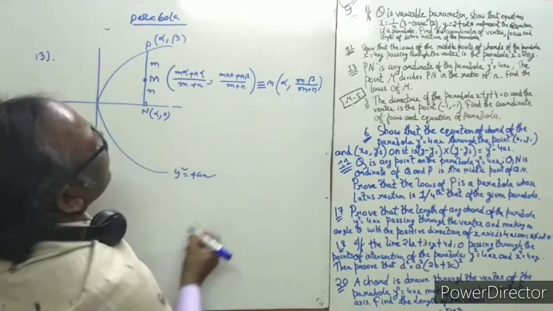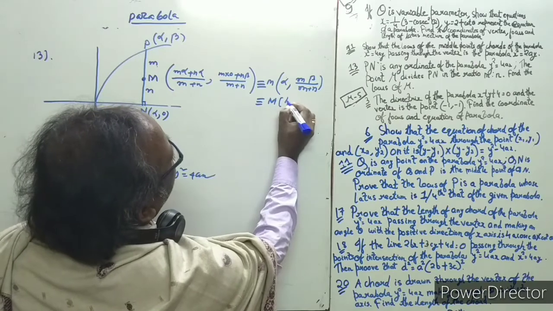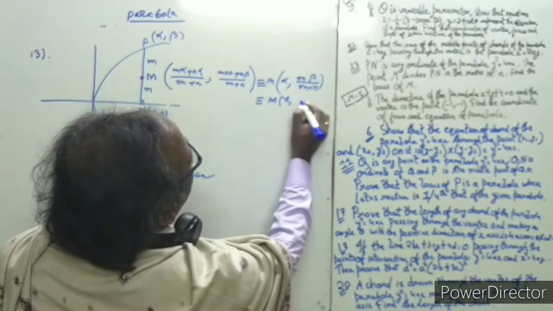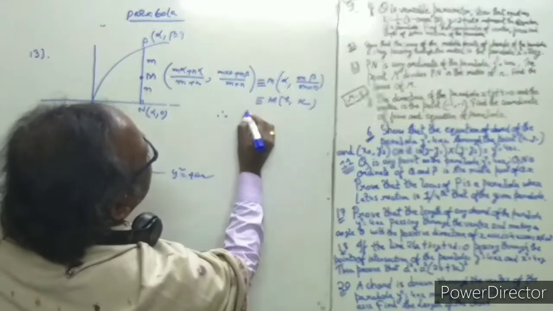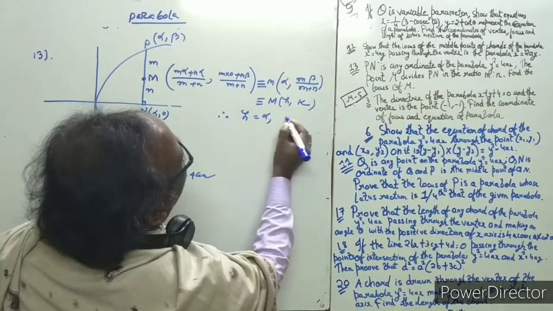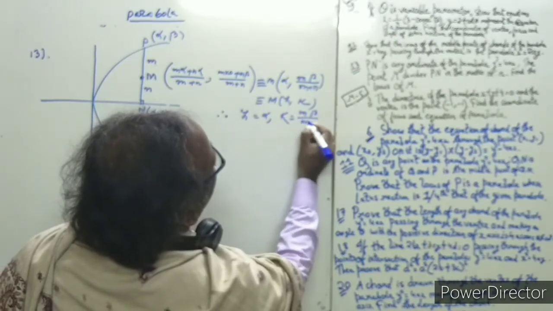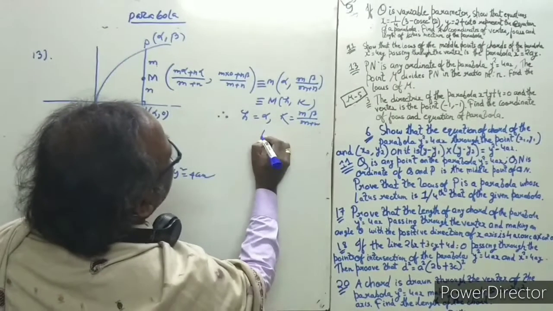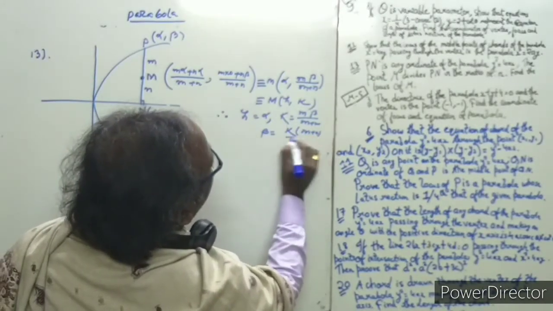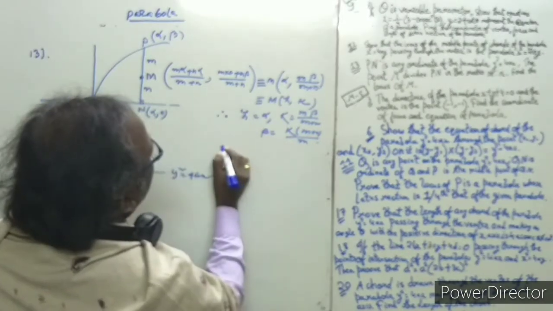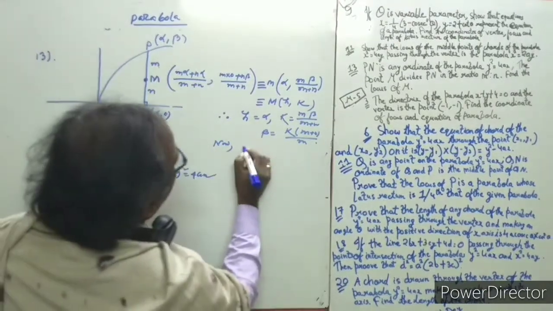So find the locus of that. Let us represent M by (h, k). So h is equal to alpha and k is equal to n beta by m plus n. Then beta is equal to k into (m plus n) by n.